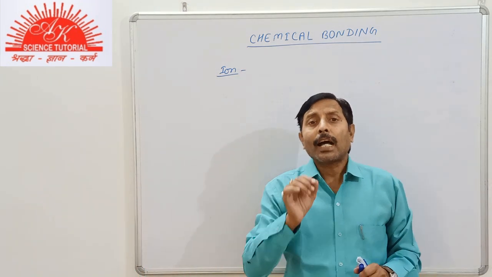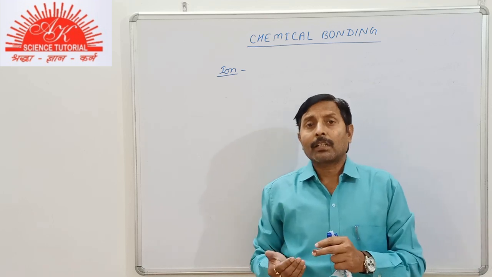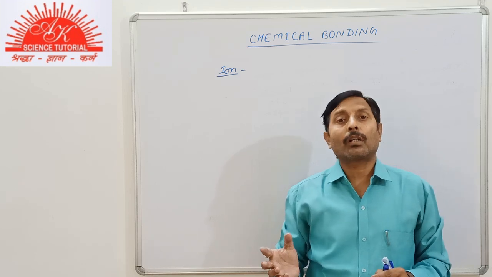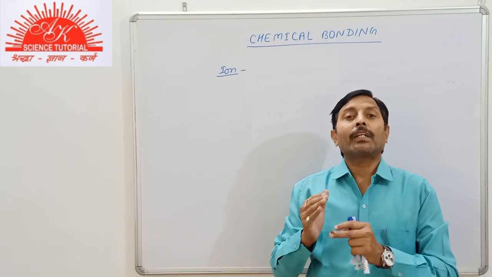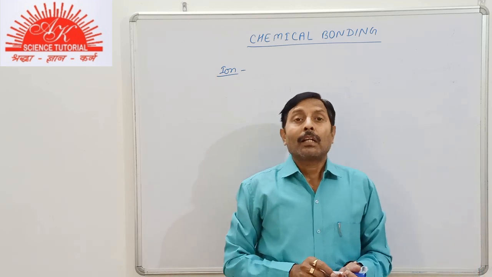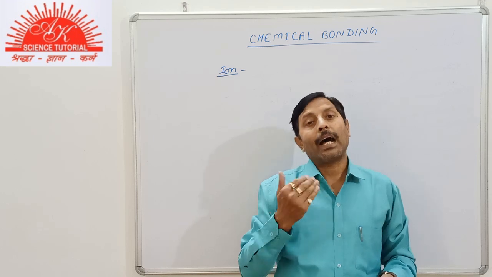An ion is a charged particle of an element which is formed by loss or gain of electrons from the valence shell of its atom. We can say that the atom of an element which carries a charge is called an ion.